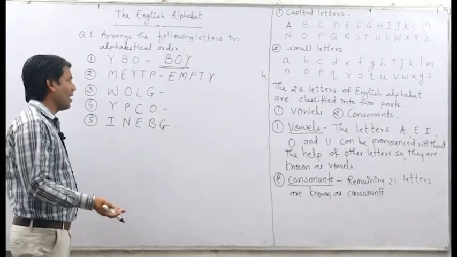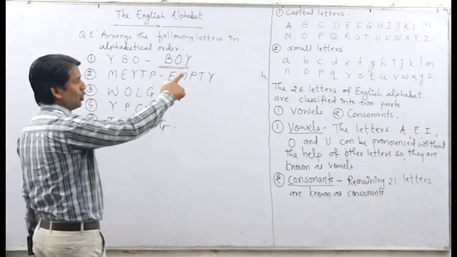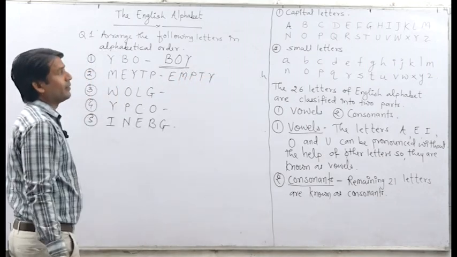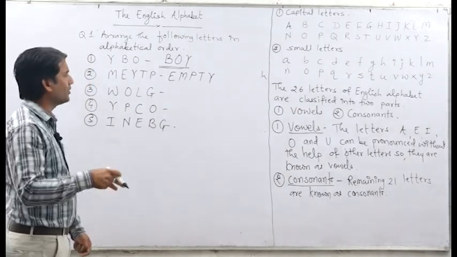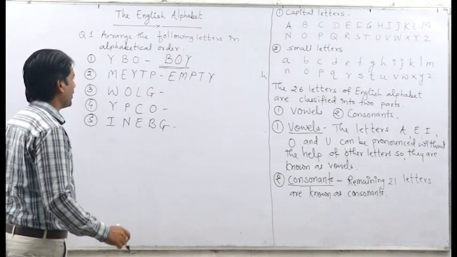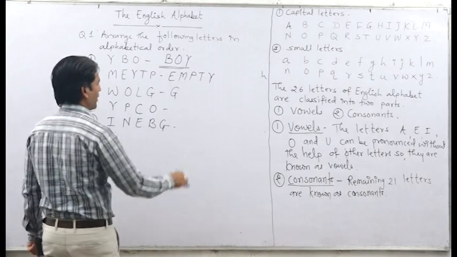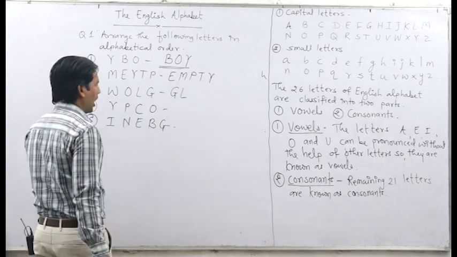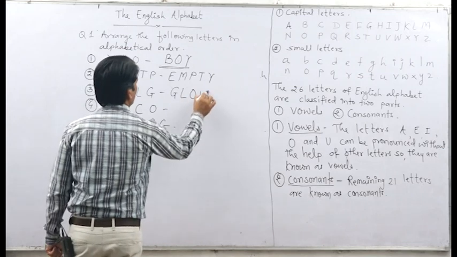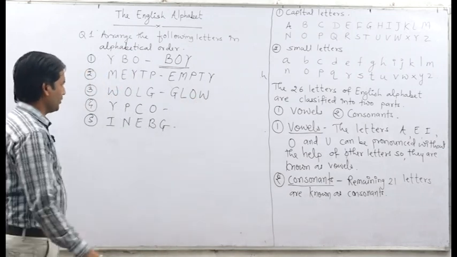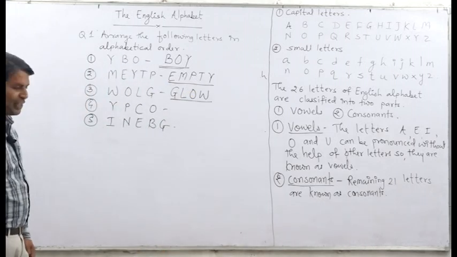Okay. Next one, again, third one, WOLG. We have to again arrange these letters in alphabetical order. First of all, we have to look at the alphabet very carefully and then only we have to arrange these letters in alphabetical order. First of all, we have to take G, after that L, after that O, and at last W. Next one, in fourth one, YPCO.